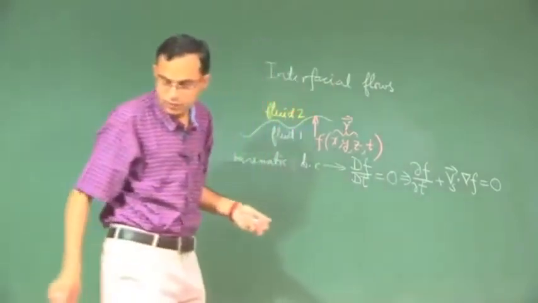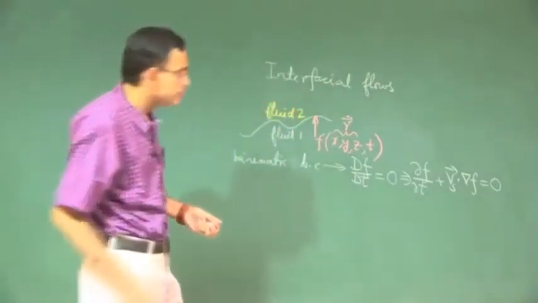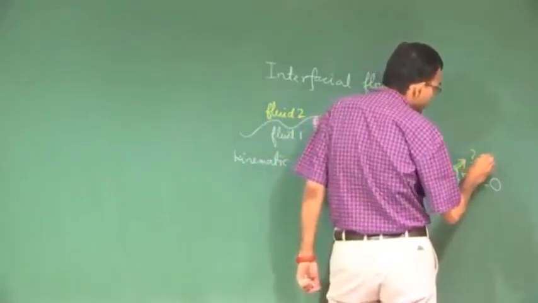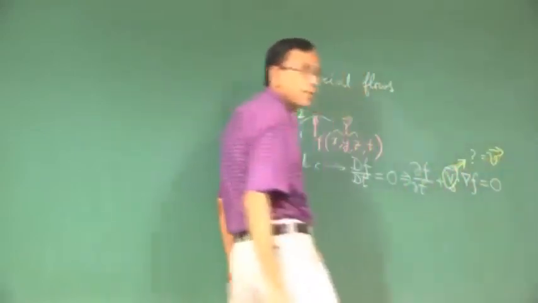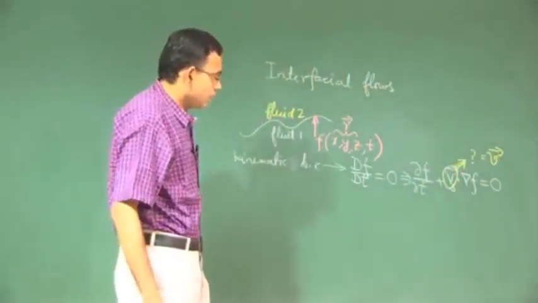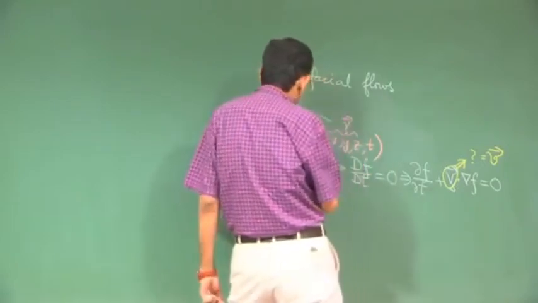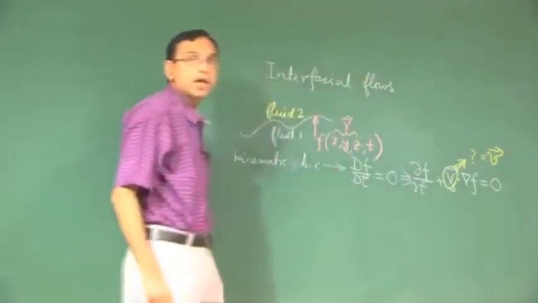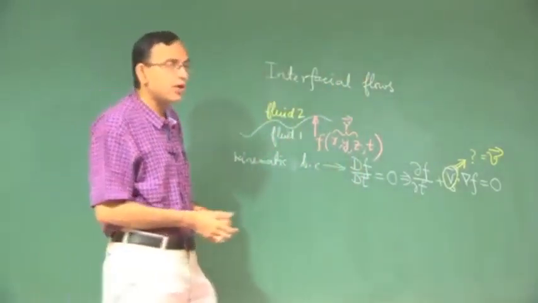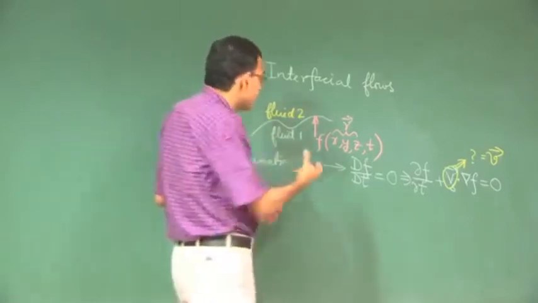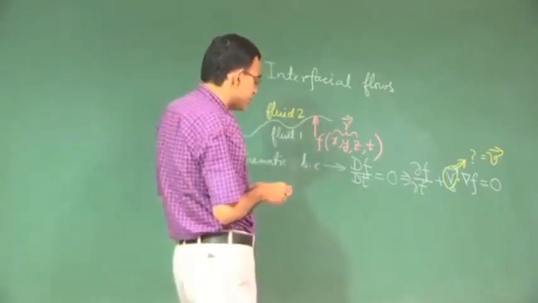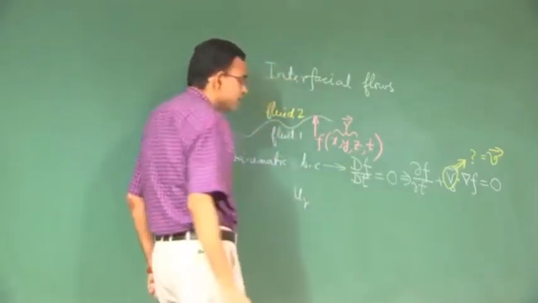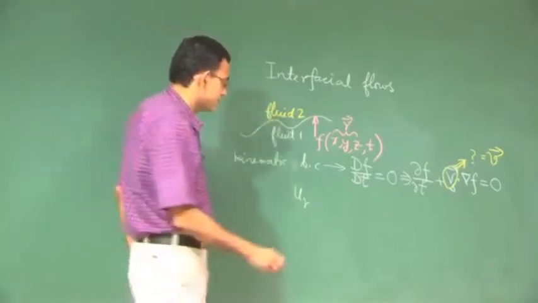So, we have a very important question here, that is, is it equal to V, the velocity of flow. If there is no transport of fluid across the interface, then yes, Vs is equal to V. However, if there is a transport of fluid across the interface, then you have to use the relative velocity normal to the direction of the interface.